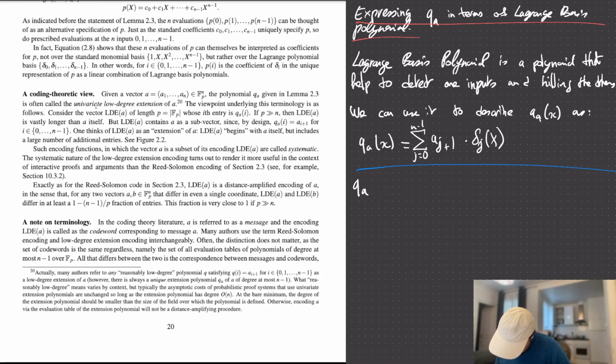Q of A is often called, let's say, univariate low degree extension of A.